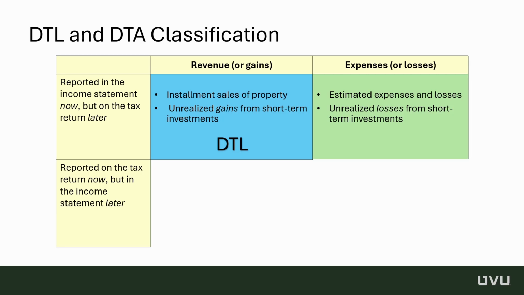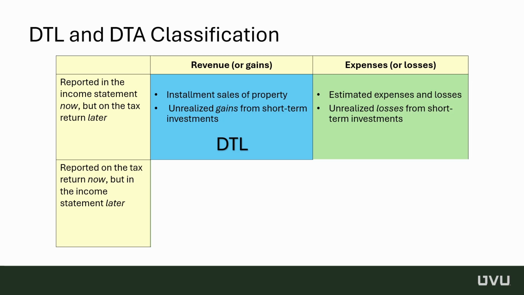We don't know exactly which accounts will be written off in the future, but we estimate the total expense due to uncollectible accounts. While these serve to reduce net income for the period, they cannot be deducted on the tax return until the accounts are actually written off, closer to a cash basis accounting technique.